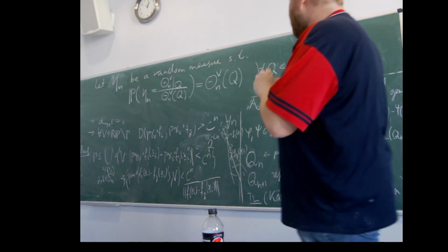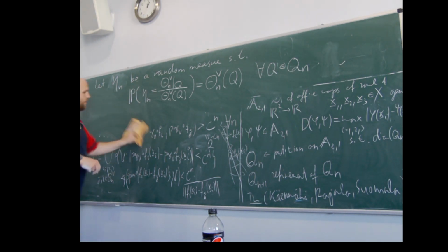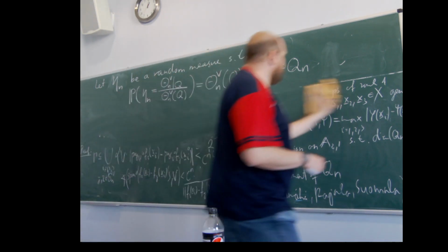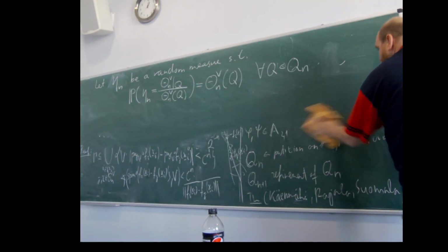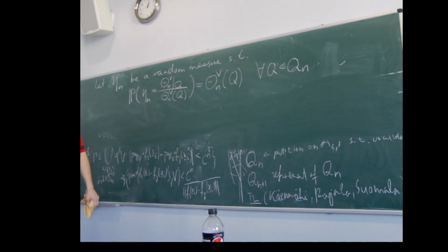So you basically divide your measure with respect to your dyadic partition on this weird space, and you pick one of these measures randomly.